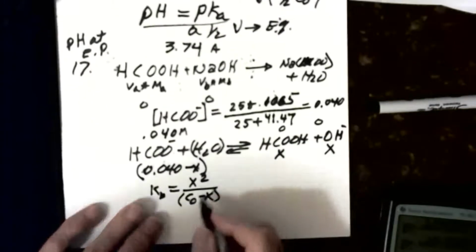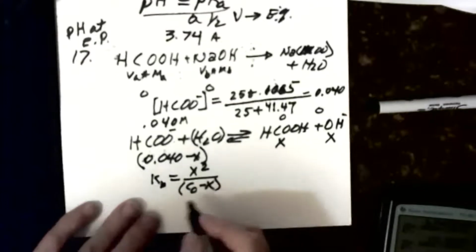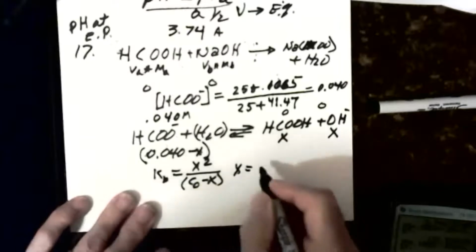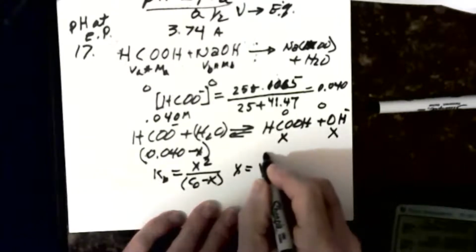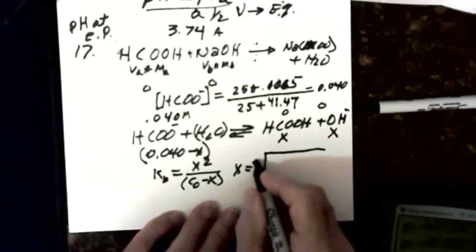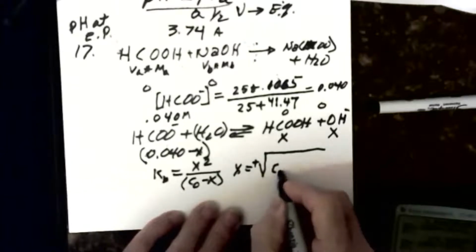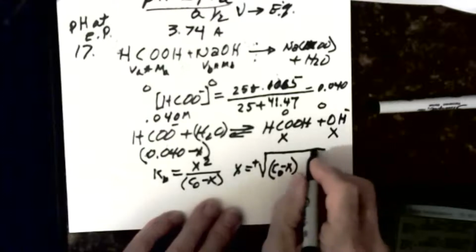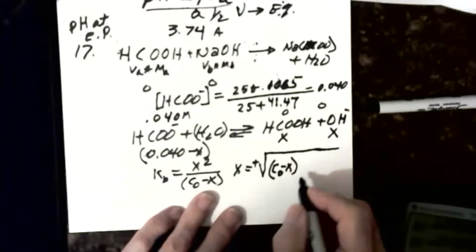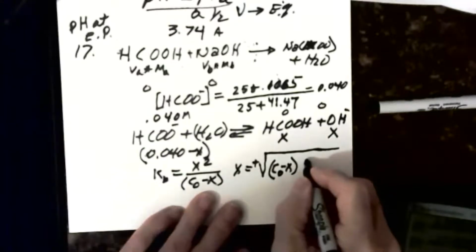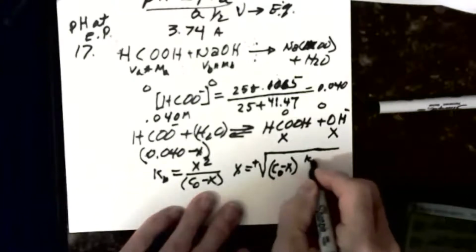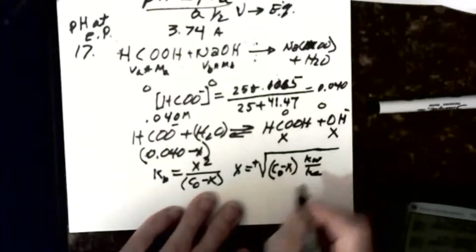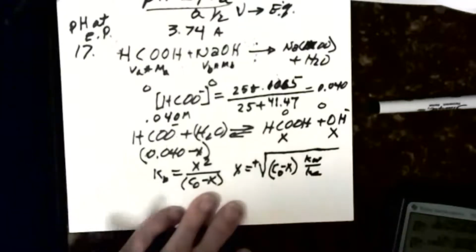Now, let's do what we did before. We're going to say X is equal to the square root of C0 minus X times Kb. What's Kb? Kb is Kw divided by Ka. Remember, Ka times Kb is Kw.